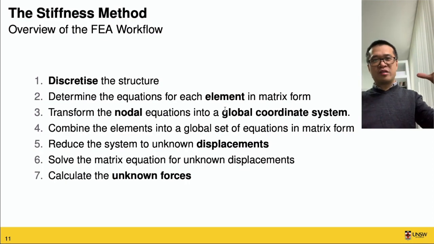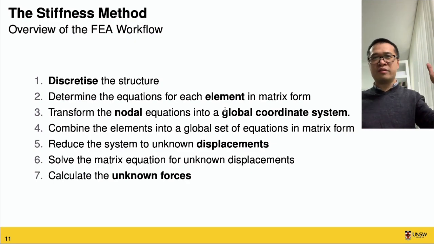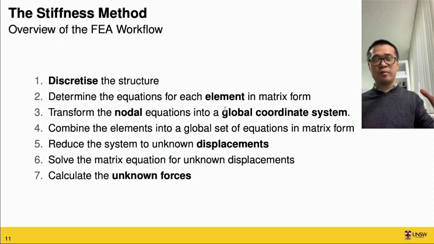But when you put the whole structure back together, for example a whole bridge, it sits in its global coordinate system, like X, Y, Z for the whole bridge. So you need to transform those individual nodal equations into the global coordinate system so they become consistent.